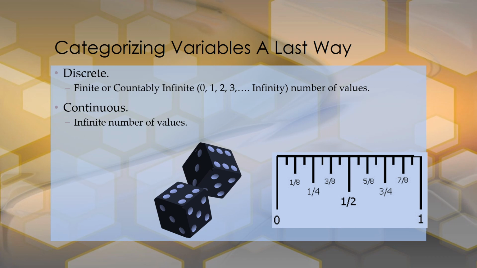So here we have a roll of the dice, and you can have a discrete number of values on the roll of dice. So if you have 2 dice, you can have 2, 3, 4, and so on. So this would be discrete. And then if you're measuring something, you can get really specific if you wanted to, for your little OCD or something. And so that would be continuous.